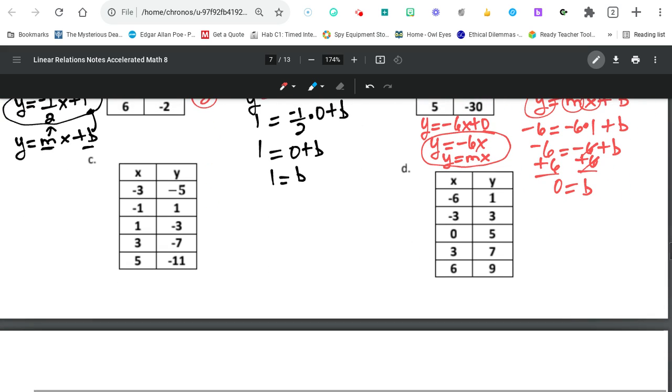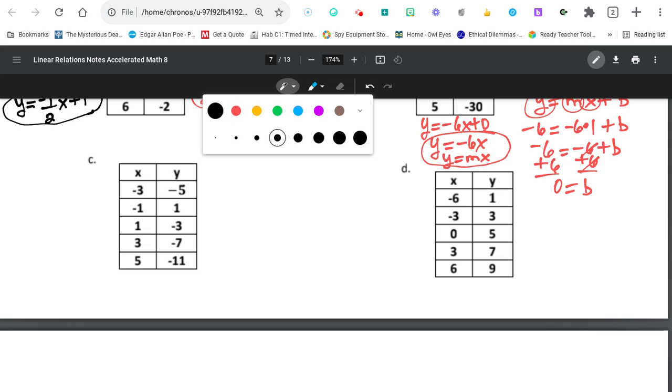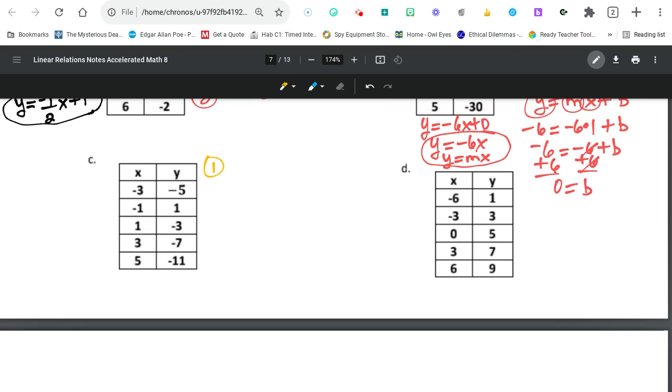All right, you pause the video and try C. All right, this is what you should have. First of all, I'm going to find the slope. I'm going to pick 2 points. Let's just go with these two.